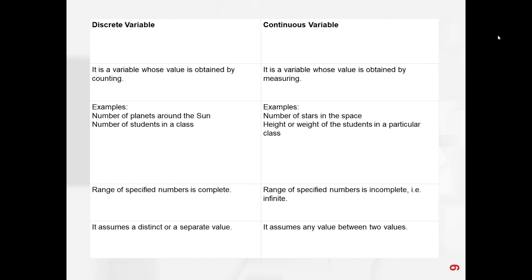A continuous variable is a variable whose value is obtained by measuring. For example, height or weight of the students in a particular class. The range of specified numbers is incomplete. It assumes any value between two values.